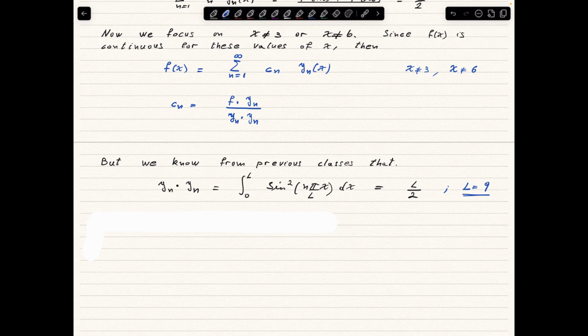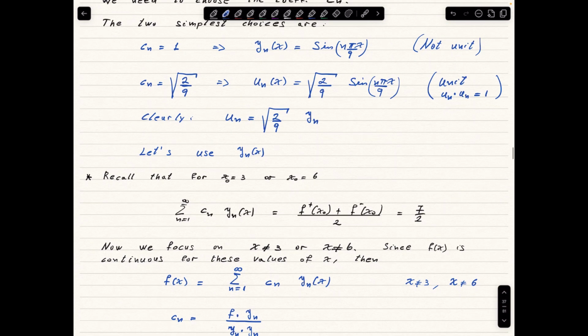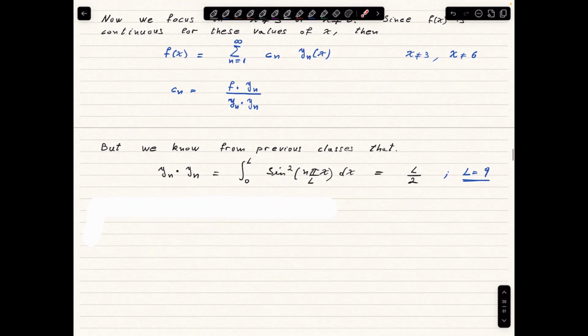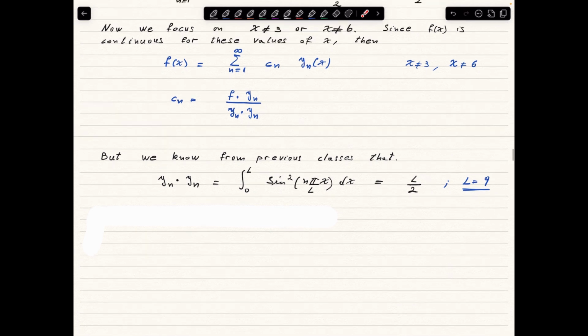By the way, this is the calculation used to find out that these functions are unit. You see, you have that factor here, 1 over that factor, square root, and that factor appears there because of that. But we know all that. So the only thing we need to compute is the numerator.